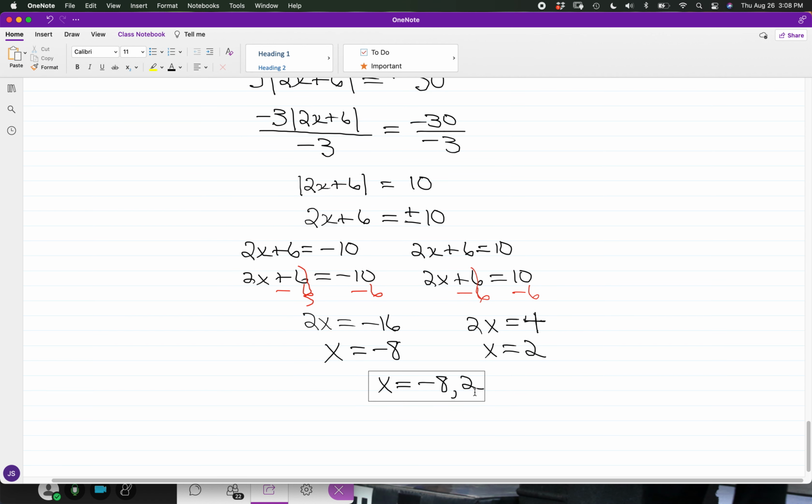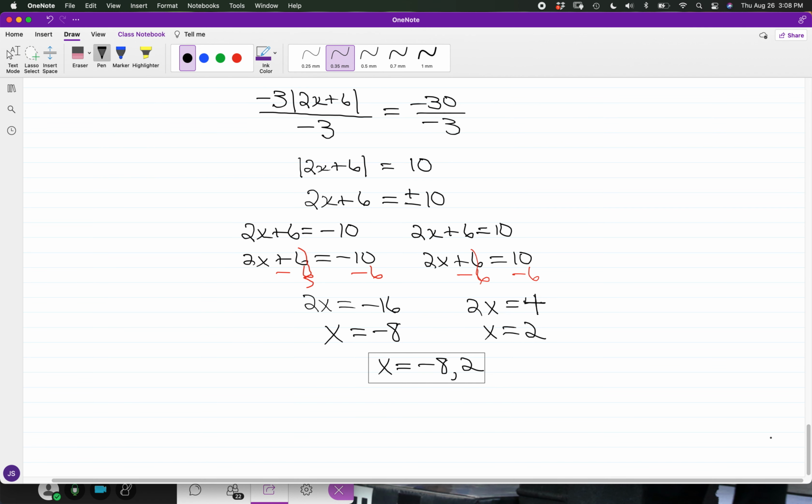Now, concerning absolute value equations, there is something about radicals that I'm going to want to go ahead and discuss.